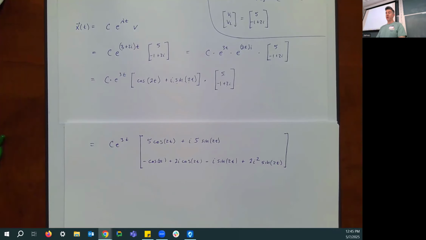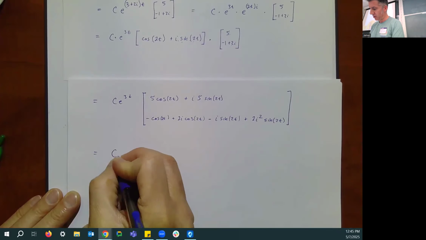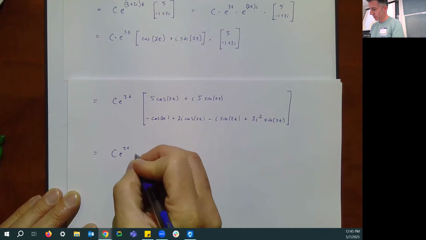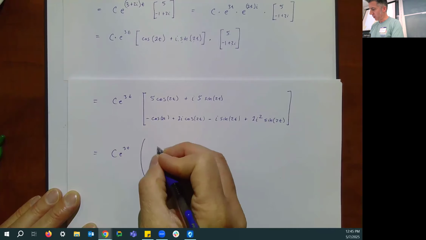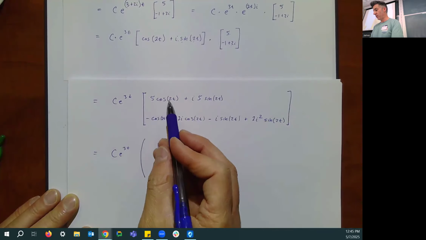And then we're going to break it apart into the real parts and the imaginary i parts. So we're going to write this as two vectors added together. So first, the real parts. In the top component, the real part is 5 cosine of 2t.